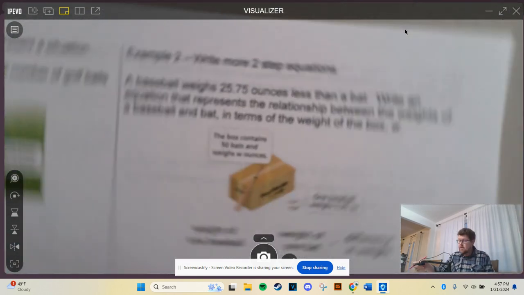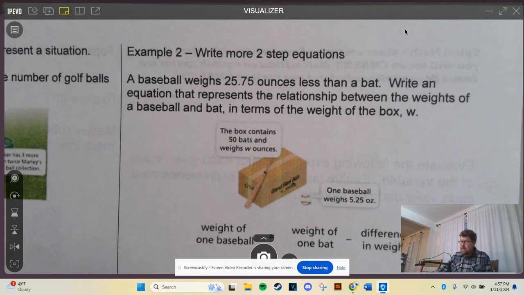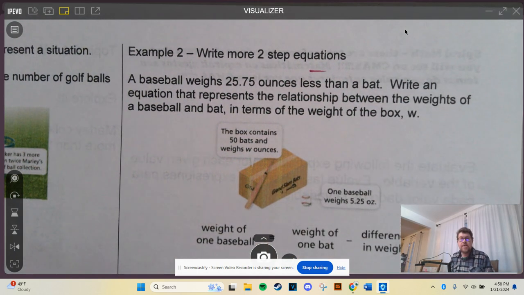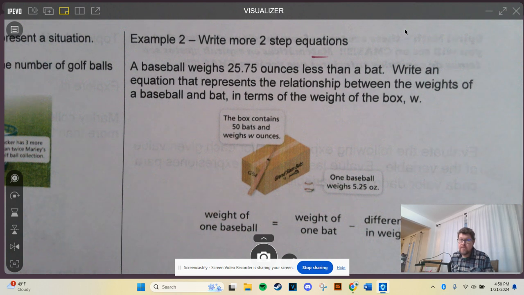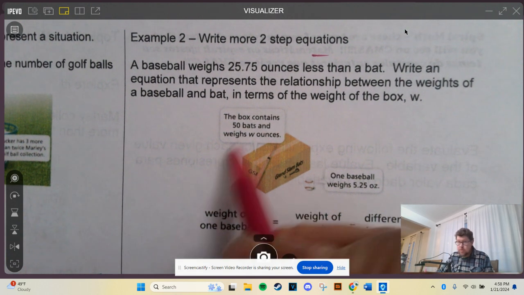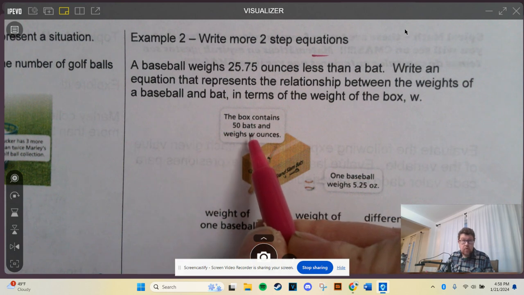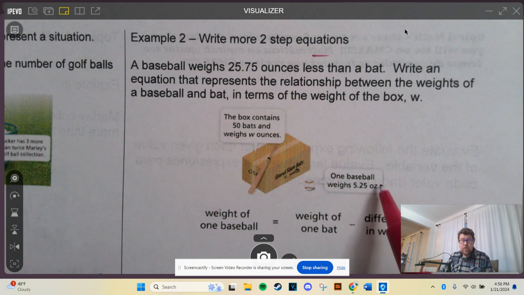So we've got a baseball that weighs 25.75 ounces less than a bat, right? Less means minus, okay? Write an equation that represents the relationship between the weights of a baseball and bat in terms of the weight of the box, W. So we have this box right here, which contains 50 bats and weighs W ounces, and we have the baseball weight 5.25 ounces.